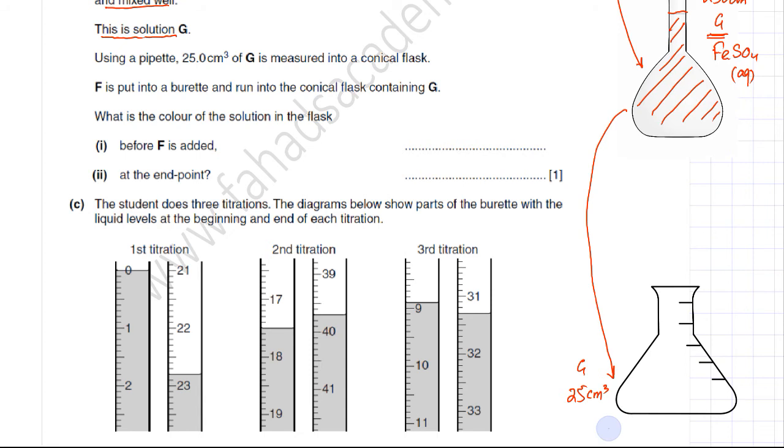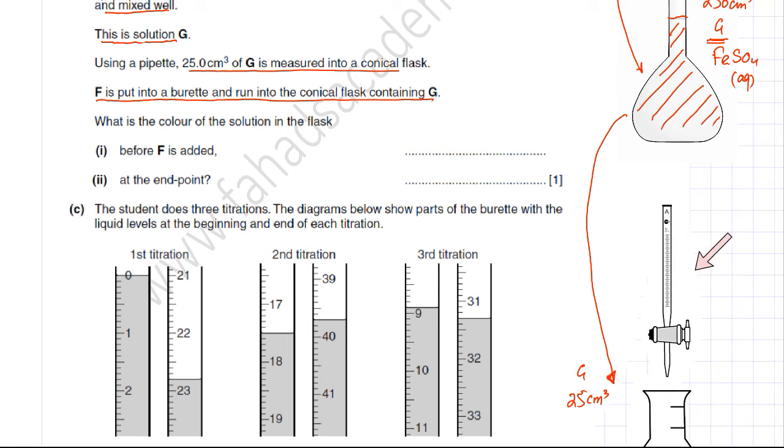What does it contain? It contains FeSO4 aqueous, but only 25 cm³ is transferred. This was a 250 cm³ solution G, and we only transferred 25 cm³ into this conical flask. So this is done. 25 cm³ of G is measured into a conical flask, and then F is put into a burette and run into the conical flask containing G. So we're now going to draw a burette.